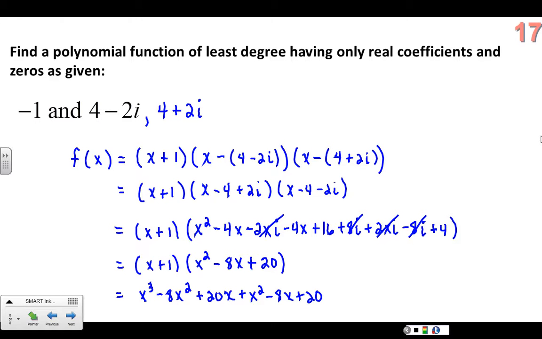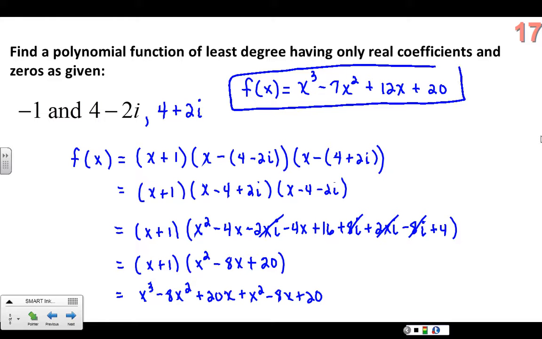So my whole answer, let's combine all the like terms. f of x would actually equal x cubed minus 7x squared plus 12x and plus 20. So there is my polynomial of least degree.